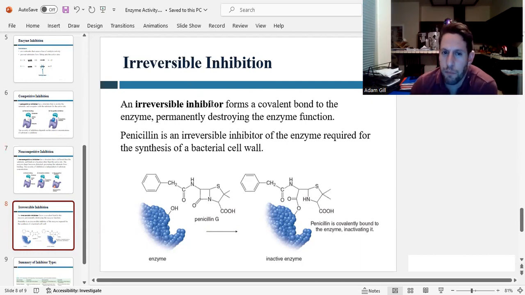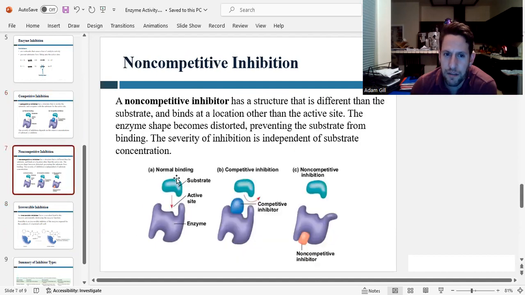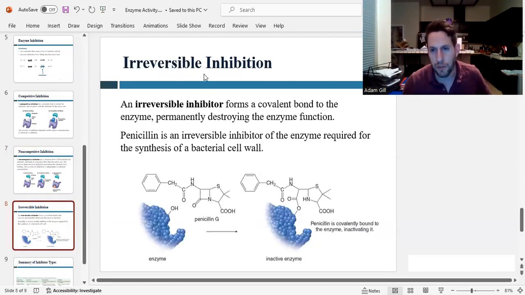And so the reason why they're permanent is they form a covalent bond to the enzyme. So most of the time when a substrate or a competitive or non-competitive inhibitor binds, it's not permanent. They fit because of intermolecular forces, but they can pop back out. Irreversible inhibitors form a covalent permanent bond.